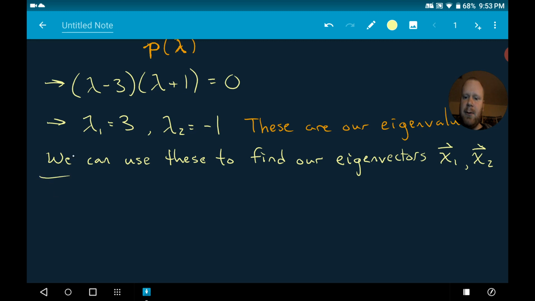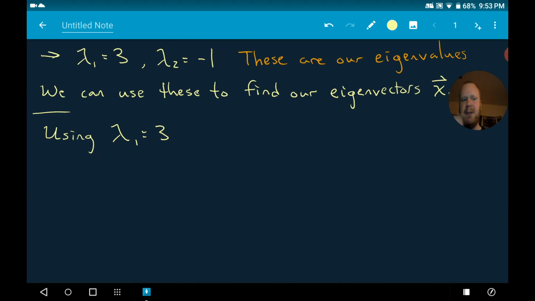Okay, so we're going to start with lambda 1 equals 3, our first eigenvalue. And the equation that we're going to use is A minus lambda I times our eigenvector is going to be equal to the 0 vector.